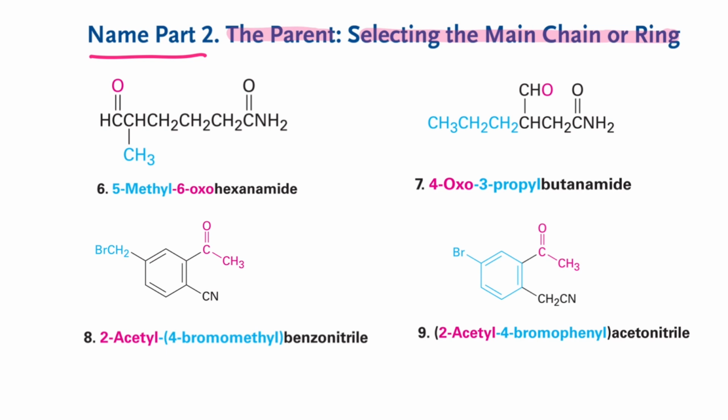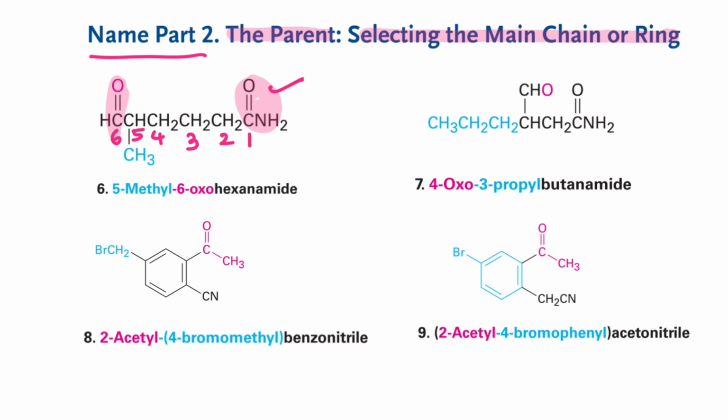Previously we discussed that this is one functional group, an amide, and this is another functional group, an aldehyde. Now we have both functional groups. Which is the first priority? The amide is the first priority group, higher than the aldehyde. Therefore, numbering we can start from here: 1, 2, 3, 4, 5, 6.